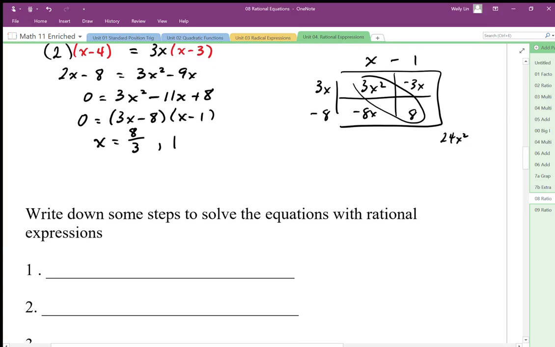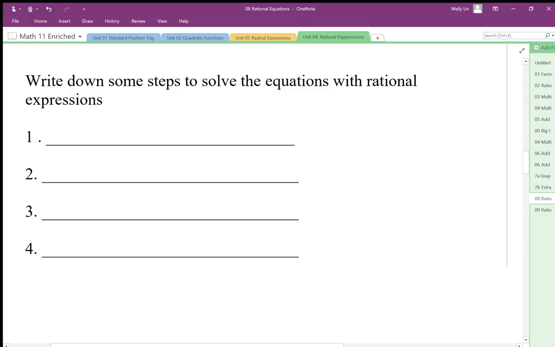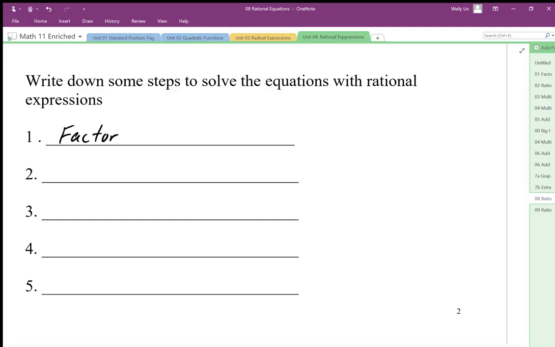So here are some steps to generalize this. The very first thing we want to do is factor. Make sure that we know the factors, especially in the denominator, but in the numerator as well, because there are opportunities where we can simplify the fraction before we do anything. Once we factor, we want to state restrictions. Once you state restrictions, we want to identify the lowest common denominator.